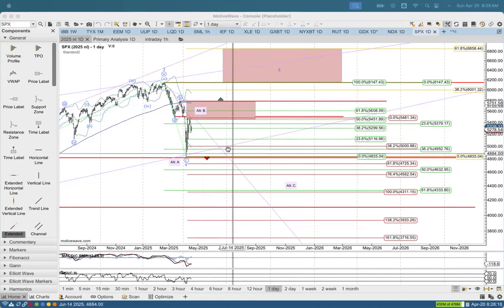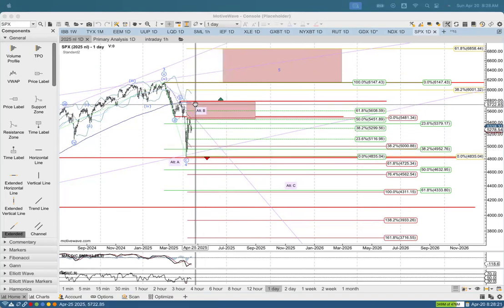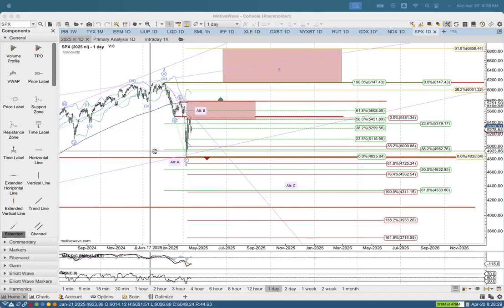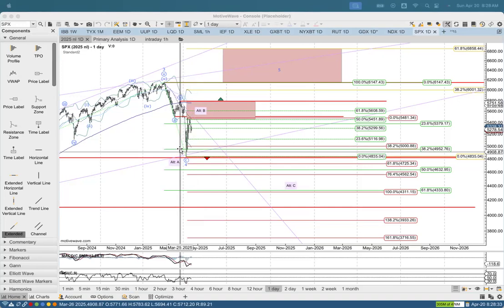And the way I'm viewing it now is the bounce that we got was a high probability bounce. And those of you that follow my intraday work in the daily service know that I was positioned bullishly off of the lows. And now that part has completed.